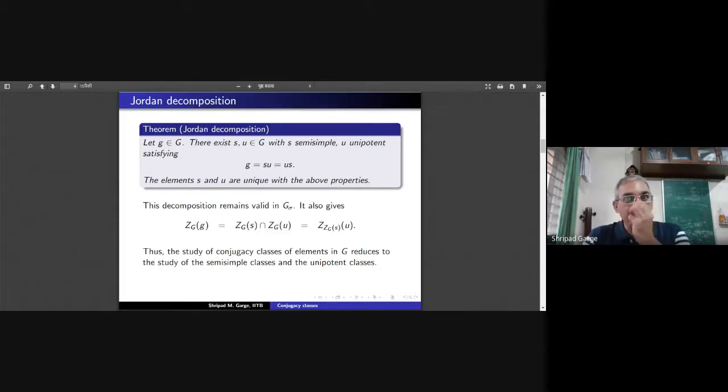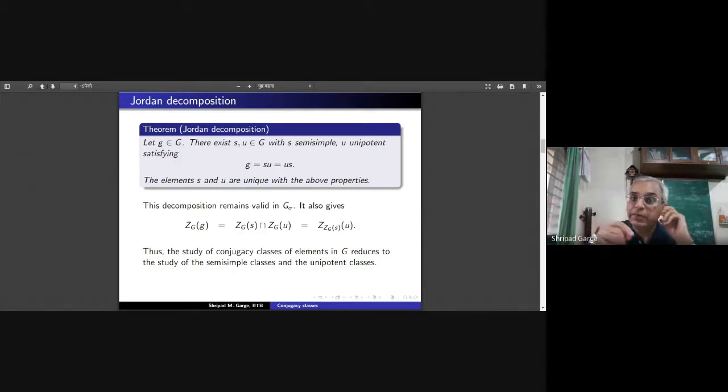Semi-simple and unipotent elements can be defined by considering some faithful representation of your G inside a matrix group. I explained last time that this decomposition remains valid under any homomorphism. If you have a group G and another group H and a homomorphism, then the image of g has its semi-simple part to be the image of s, and the unipotent part is the image of u.